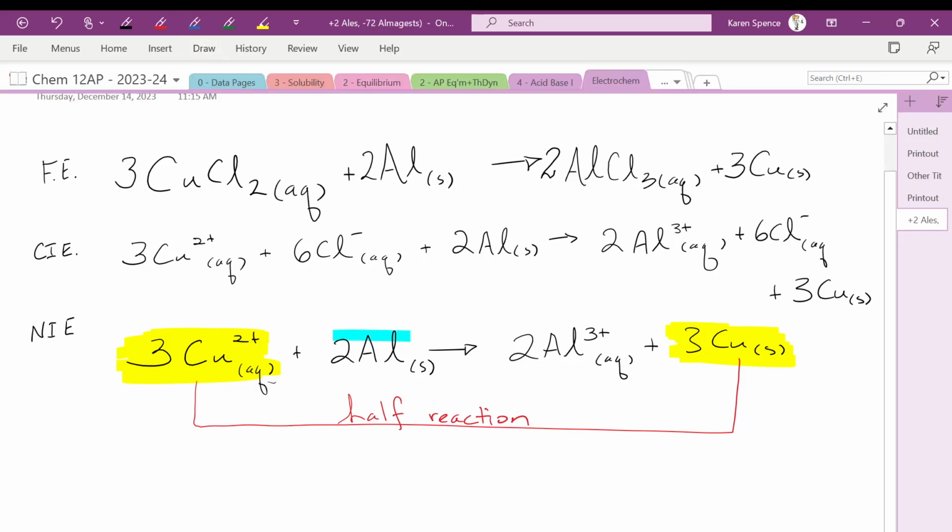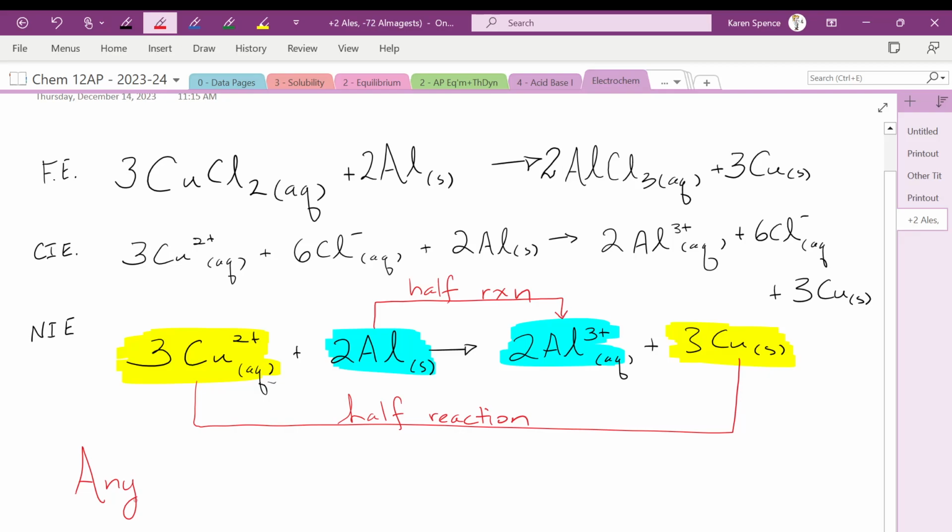It would be the aluminum solid with a 0 charge turning into aluminum 3+. And that's the other half reaction. So any redox equation can be split into 2 half reactions.